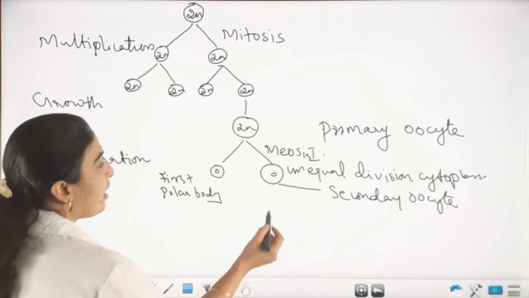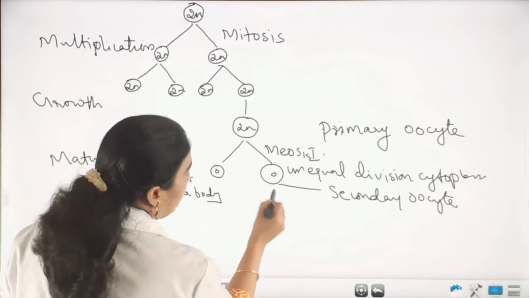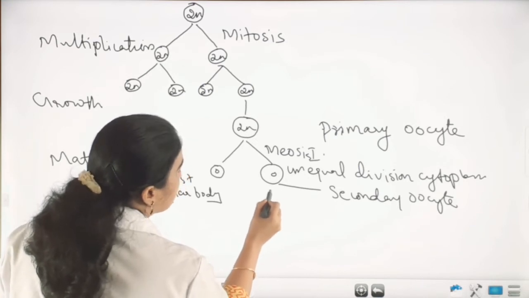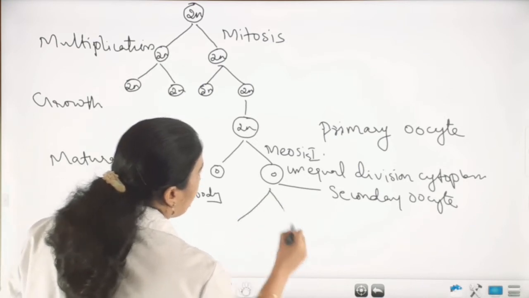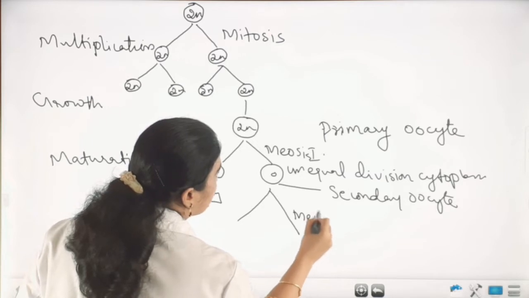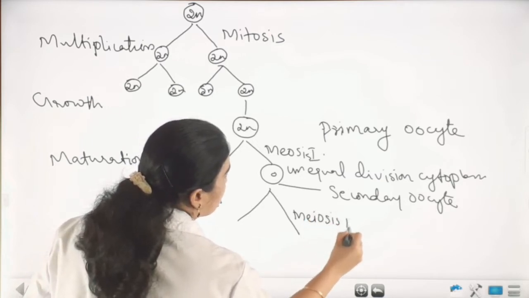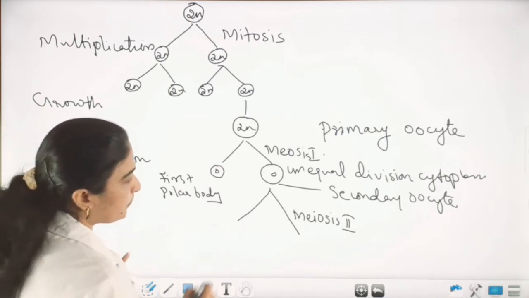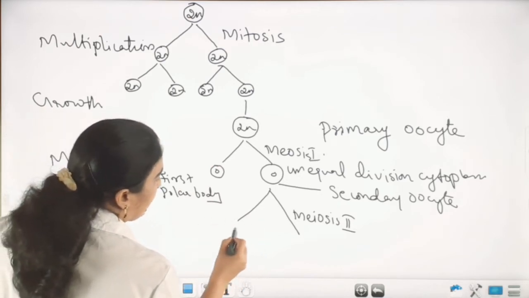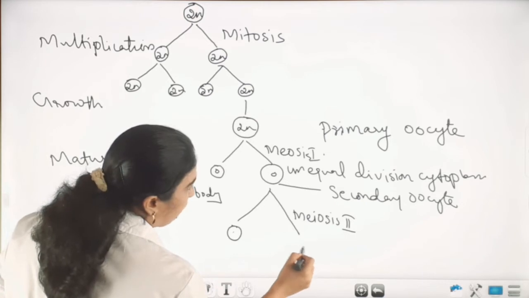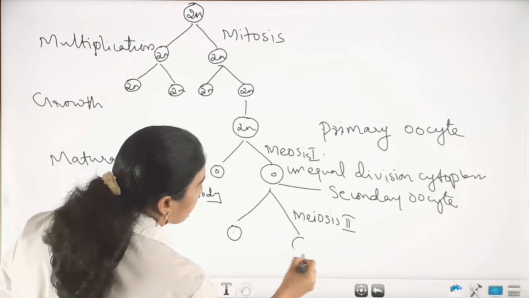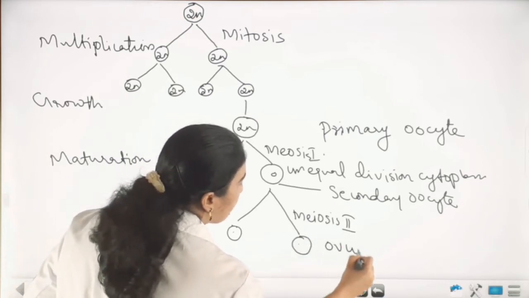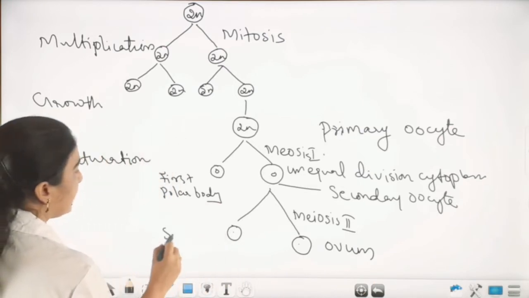Now we can see when sperm enters into the fallopian tube, the secondary oocyte undergoes second meiotic division. That is meiosis 2. Then it divides into two bodies such as, here also unequal division. So this is ovum and this is second polar body.